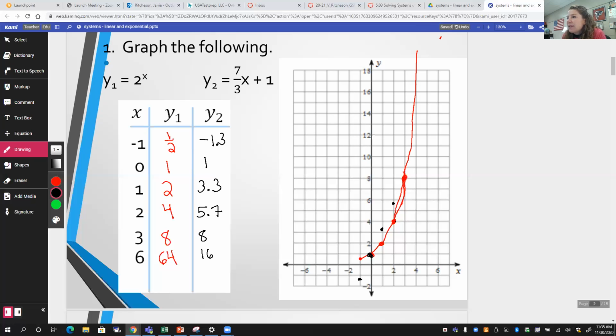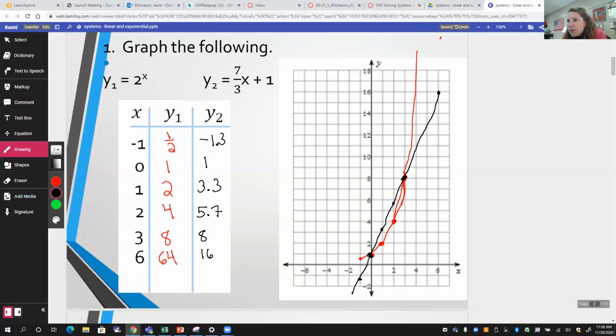And then we have 3, 8. And then we have 6, 16. And then we're going to pretend like I can make a straight line, which we all know I cannot do. This is really taking a lot of my concentration. Hey, that's not too bad.